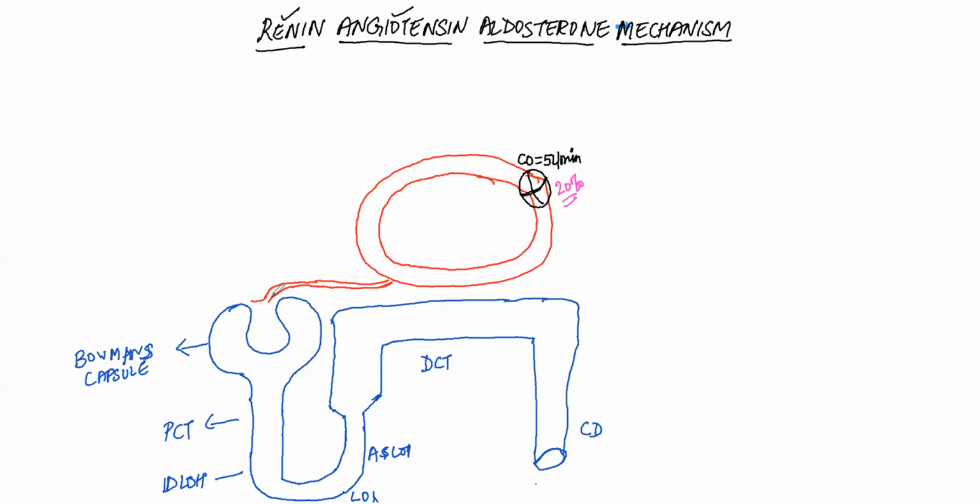Here it forms a network, a plexus, which we call the glomerulus, where the solutes are filtered, reabsorbed or secreted depending on the need. Then this afferent arteriole continues as the efferent arteriole.